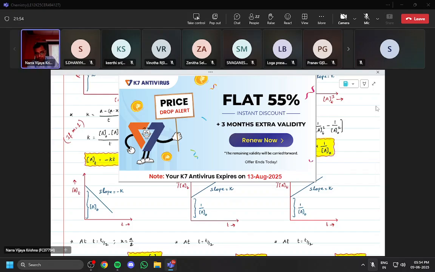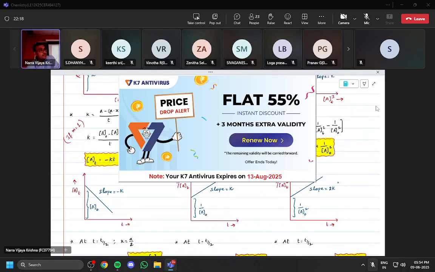If I plot a graph between 1 upon (a minus x) square versus t, then it becomes 2kt plus 1 upon a naught square. Correct? So the intercept is 1 upon a naught square, and the slope becomes equal to 2k. Correct, sir?